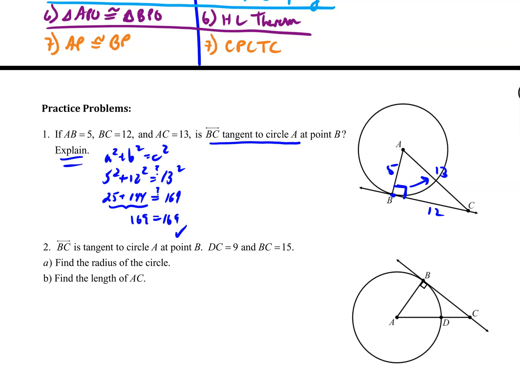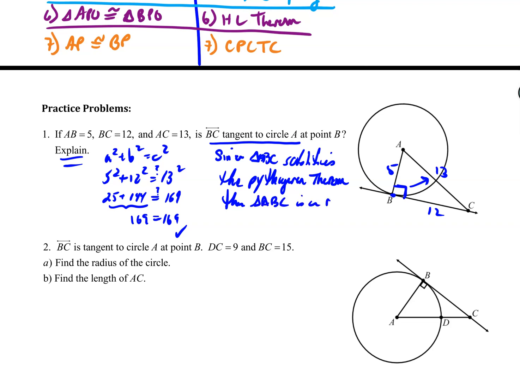All right. So since triangle ABC satisfies the Pythagorean theorem, then triangle ABC is a right triangle.